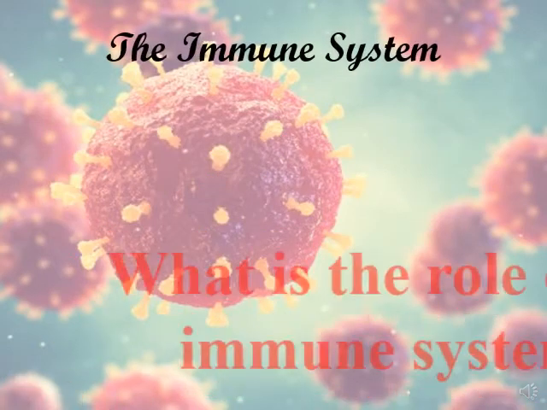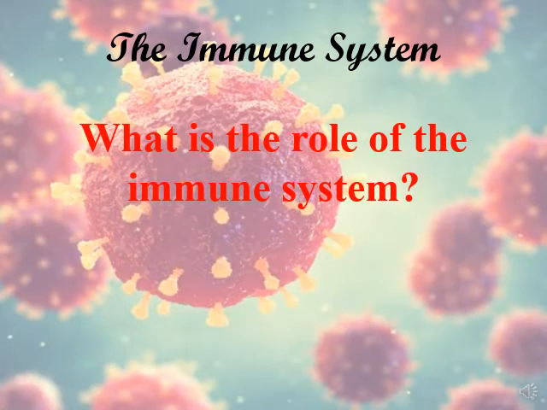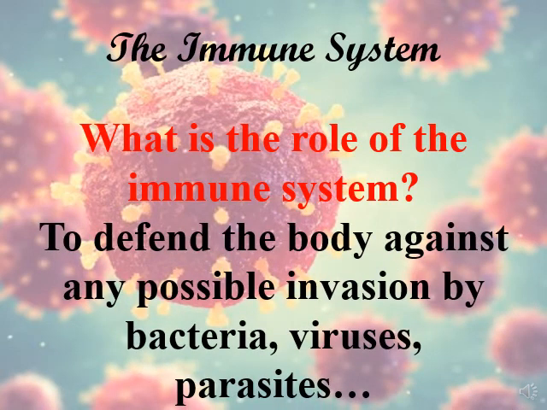So let's start with the role of the immune system. What is the function of the immune system? What does it do? The role of the immune system is to defend the body against any possible invasion by bacteria, viruses, and parasites. Coronavirus is called COVID-19.